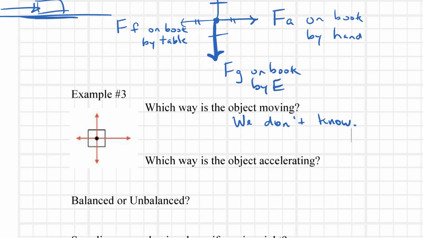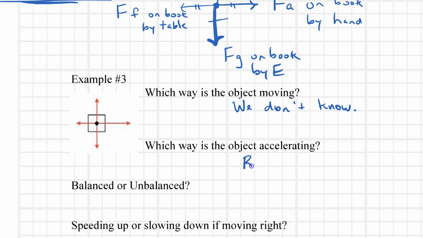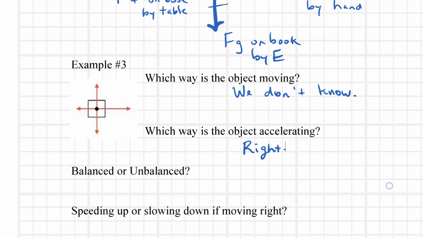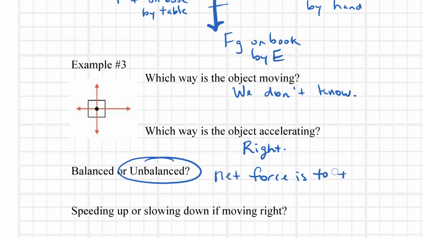We know this one, and it is accelerating to the right. Is it balanced or unbalanced? Unbalanced, because if we add them all up, it's unbalanced, and I'll say that the net force is to the right, where I might say it is unbalanced to the right.